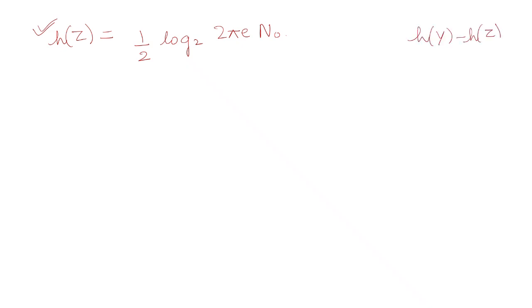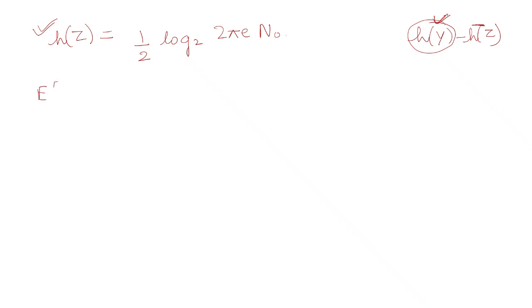And we know for a real normal distribution, the differential entropy is given as H of Z is equal to 1 by 2 log 2 pi e N naught. So this is the differential entropy in noise. Now this expression we have, but we want to compute H of Y minus H of Z. So H of Y we do not have, we want to compute this. This we have.